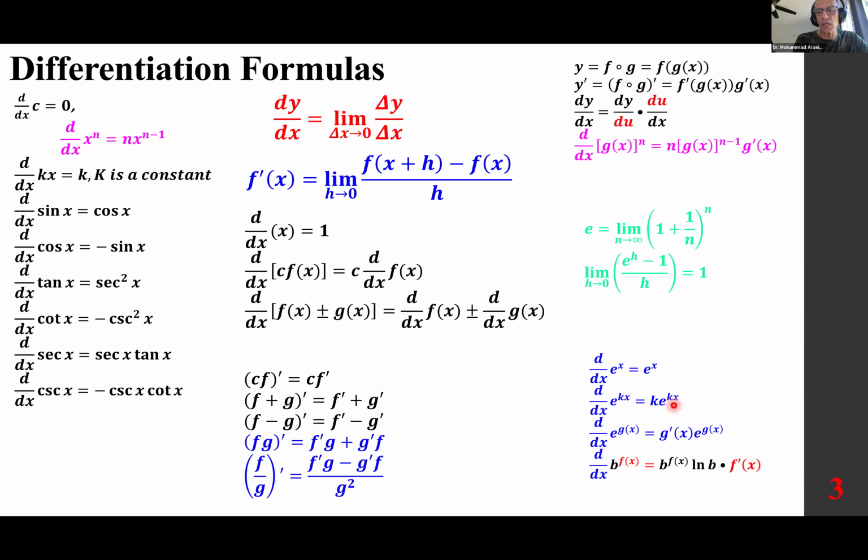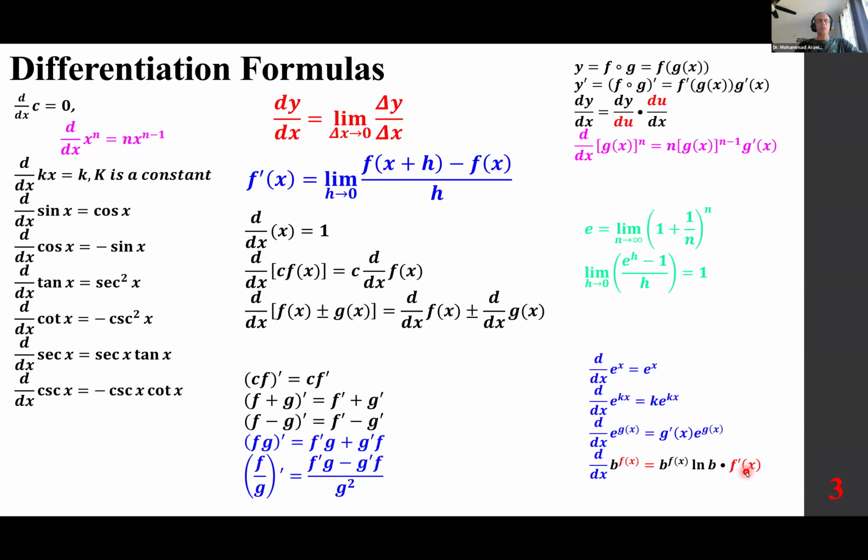If it's e to the power of kx, the answer is itself times k by the chain rule. e to the power of g of x is itself times g prime, again by the chain rule. And if it's b to the power of f of x, the answer is itself times ln b, by logarithmic properties, times f prime of x by the chain rule. So these are differentiation formulas.